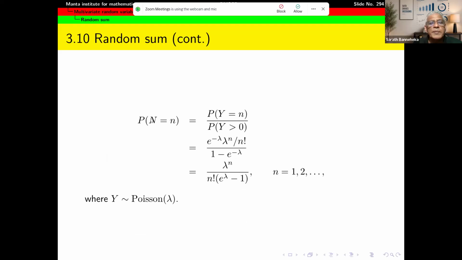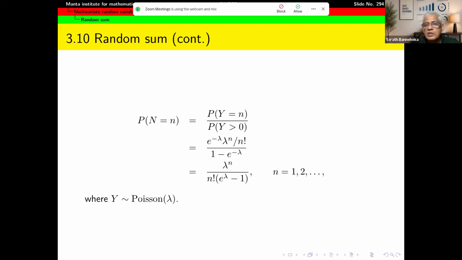What we want to look at is the probability that n is equal to small n. That will be equal to the probability that y is equal to n, coming from a usual Poisson distribution, divided by the probability that y is greater than 0. Because if probability y equal to 0 is also included, then the sum of all the probabilities will add up to 1, and the mass function will be a proper mass function.